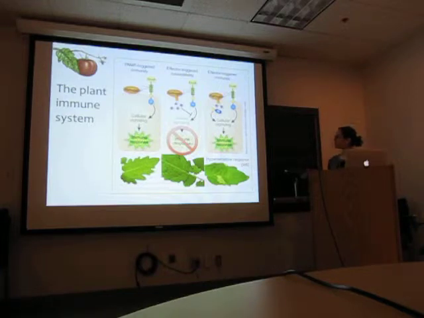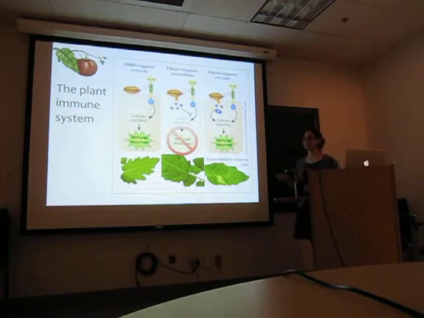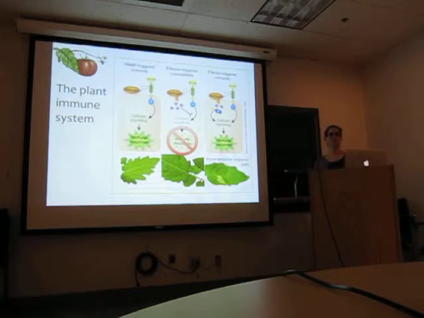But plants have another level of defense in some hosts, and this is called effector-triggered immunity. So while PAMP-triggered immunity is a rather general response, effector-triggered immunity is specific. It's classically been called gene-for-gene resistance, because any given resistance protein, or R protein, can only recognize one or two of these particular effectors coming from the pathogen, of which, in the case of Xanthomonas, there's usually 20 or 30 different effectors.